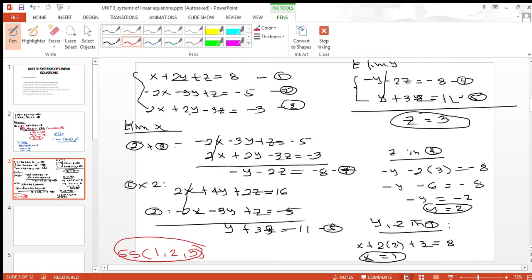That's 2 plus 2 times 2 plus 4 is 6. 6 minus 9 is minus 3. Minus 3 equals minus 3. So we have the correct solutions. So there you have it, an example of a system of equations in 3 unknowns.